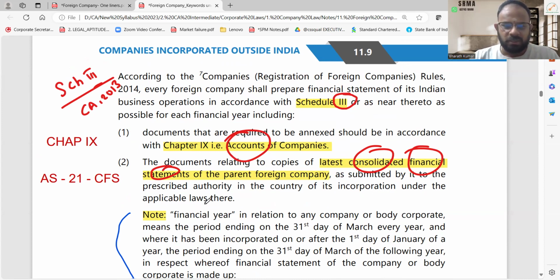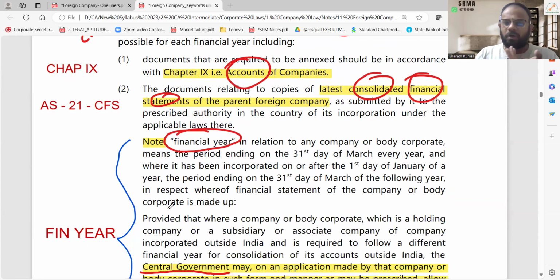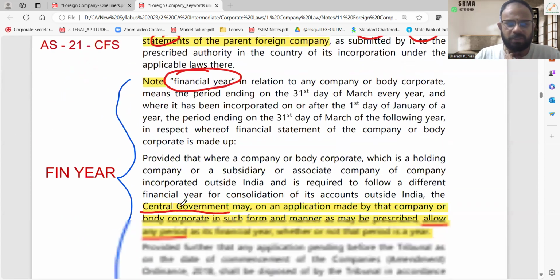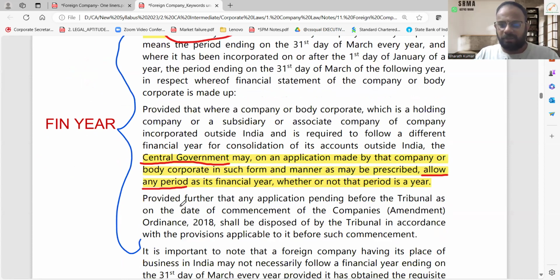Then the third one is you should know about the financial year. We know what the financial year is, 1st April to 31st March. And the most important keyword here is that you can apply to the central government to allow any period as my financial year, whether or not that period is a year. That means the foreign company is having some other year.